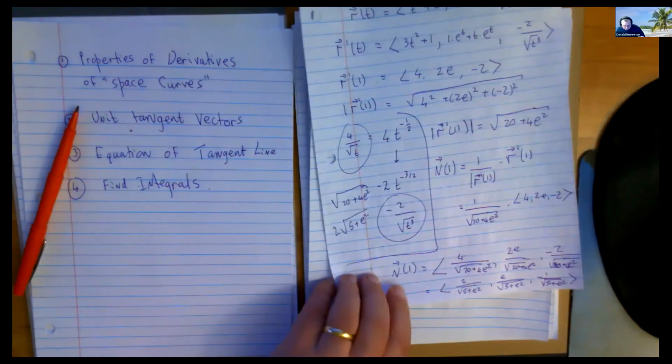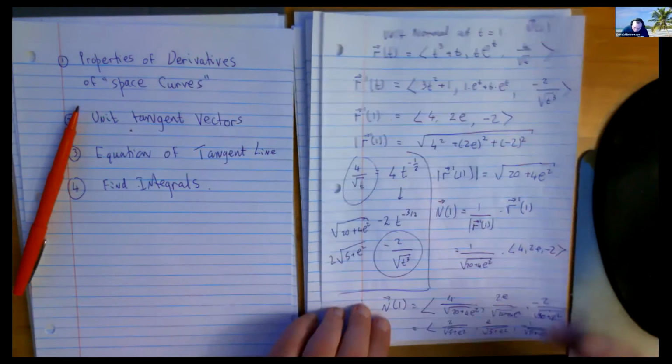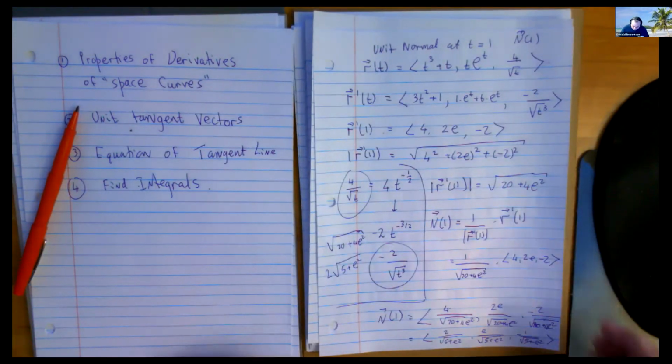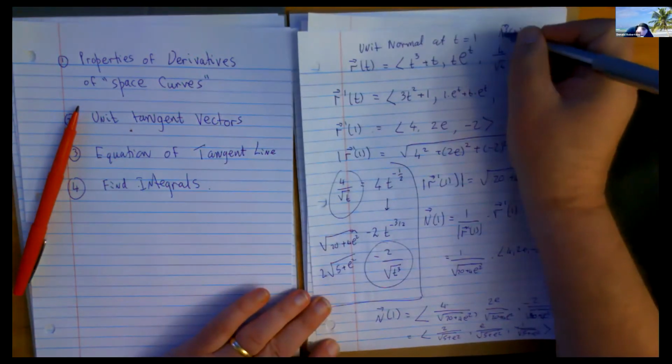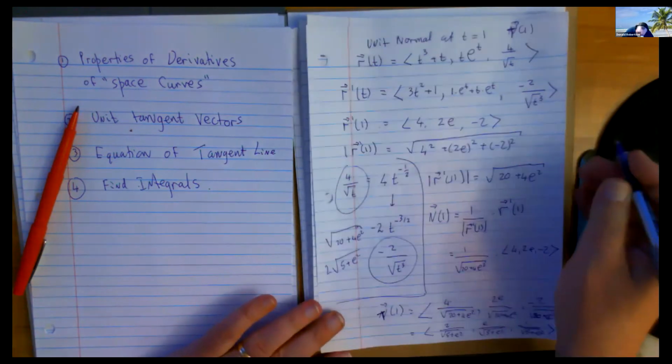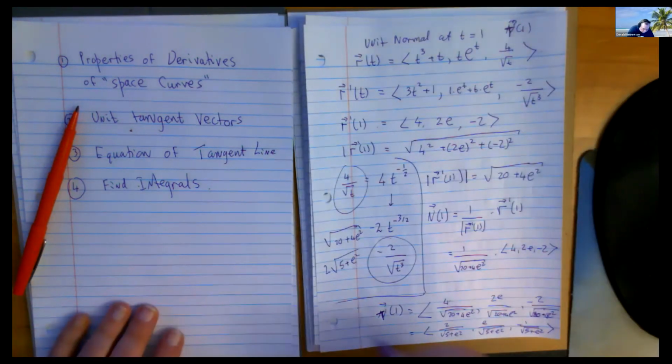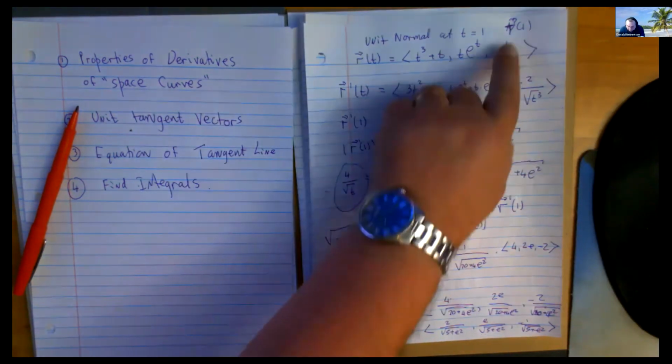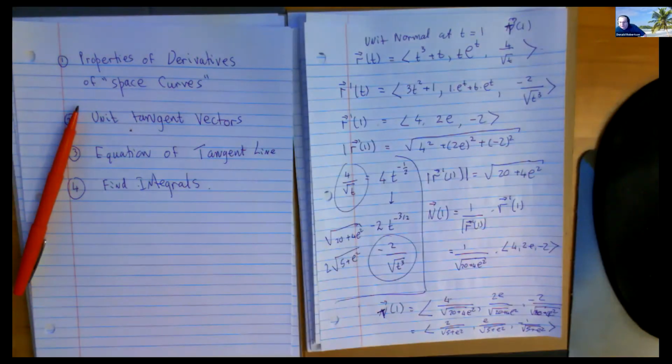Okay, so that was unit normal rather than tangent? That is a unit, oh, darn it. It is a unit tangent. My apologies. I know where that came from. Remember I said there's one called unit normal and one called unit binormal? My brain just went over.